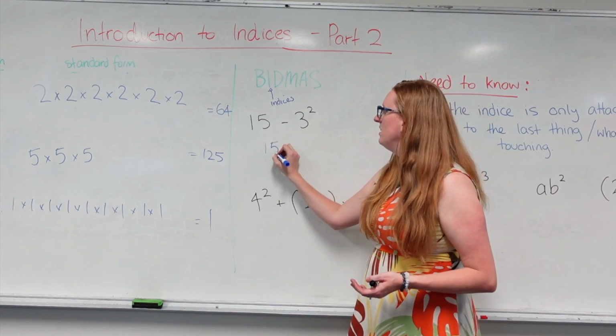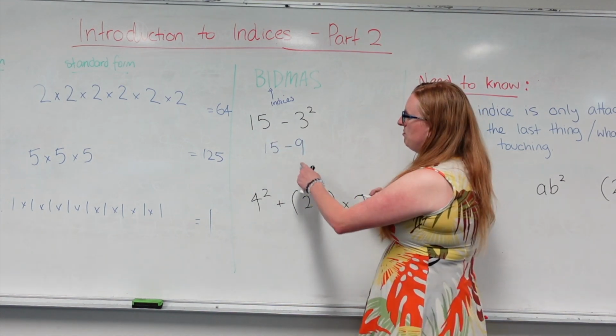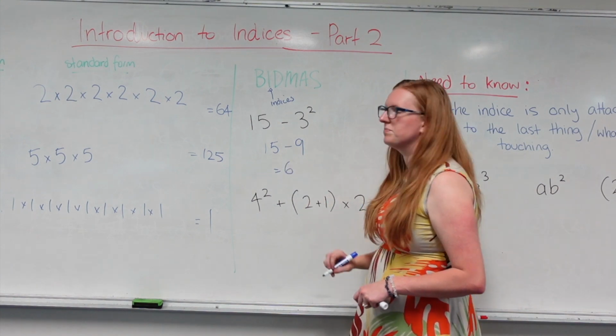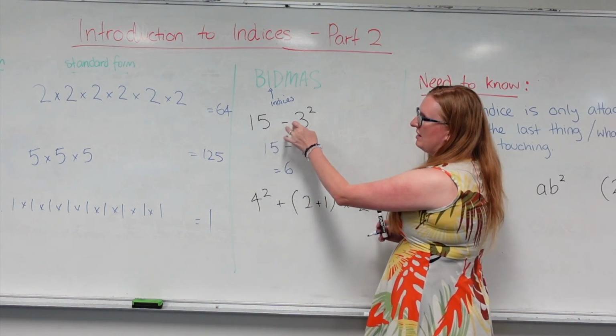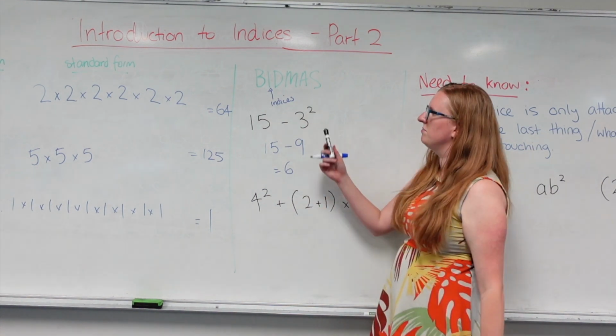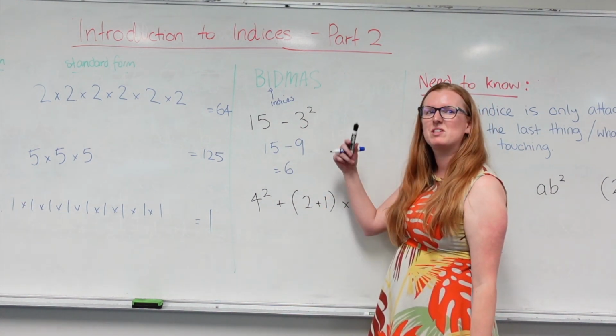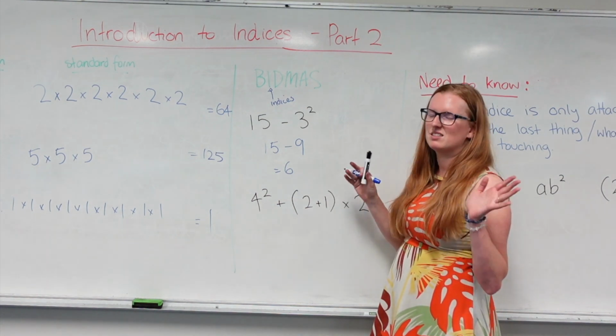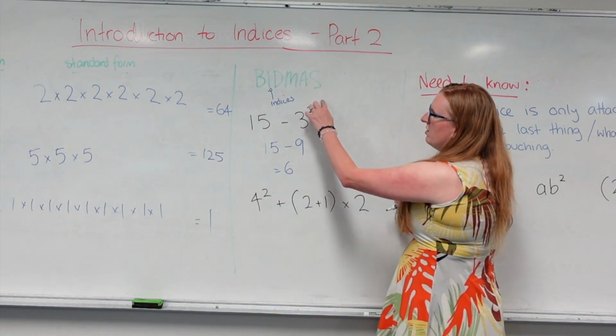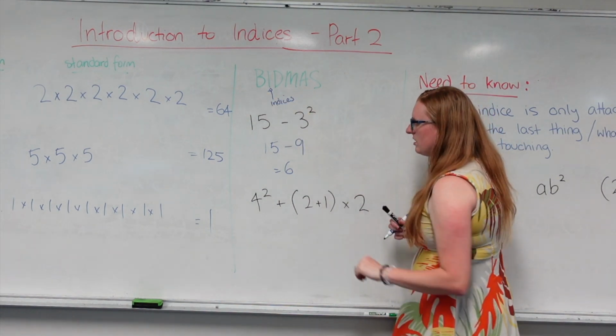So this is 15 minus 9. 15 minus 9 equals 6. Yay! Had we done it any other way, had we gone 15 minus 3, that would have given us 12. And then if we squared 12, we'd get 144. So that is wrong. So you've got to make sure that you do your things in order.